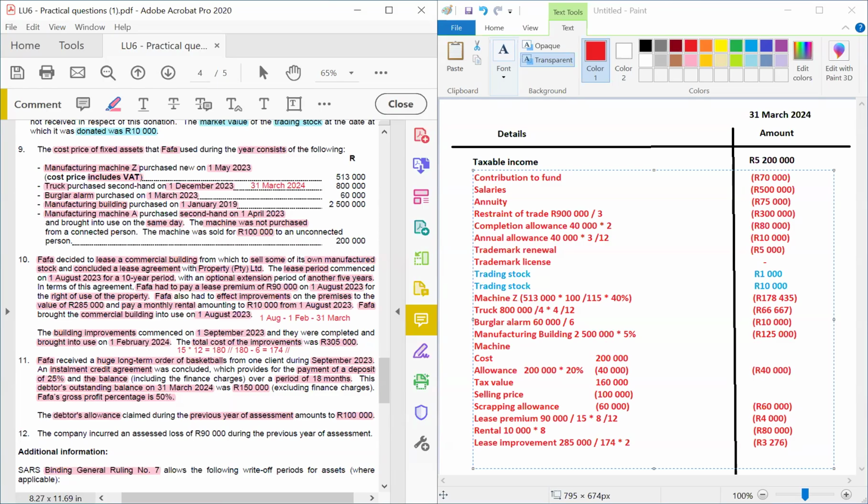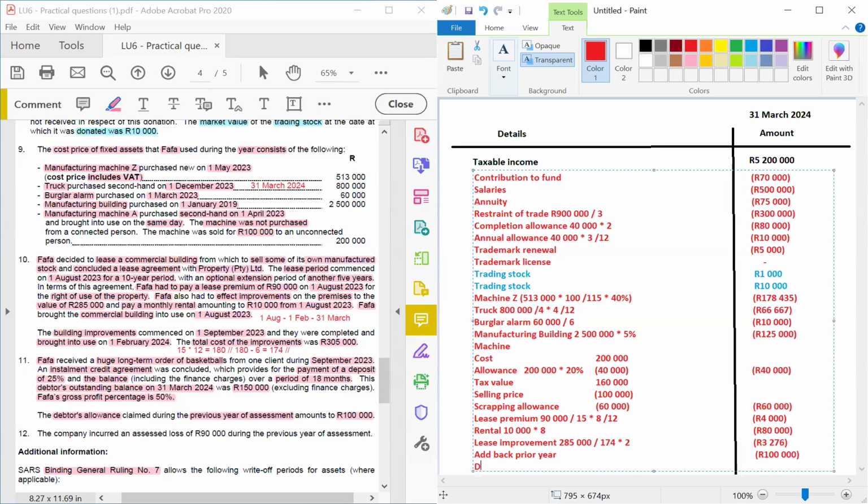So with debtors allowances, what you always need to do is to add back the prior year allowance. So this would be 100,000. And then we would deduct the current year. Now, for the current year, they didn't give us a lot of information.